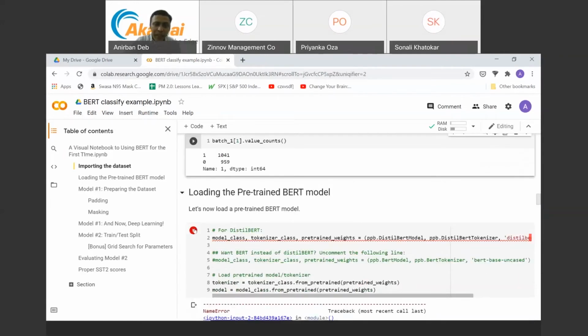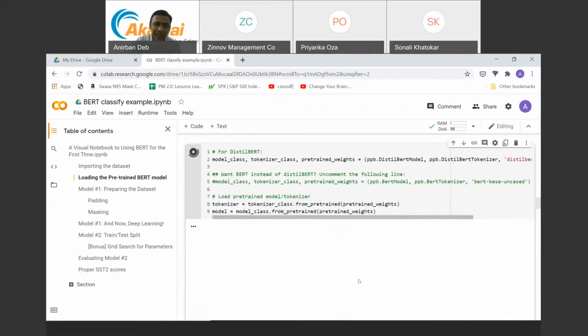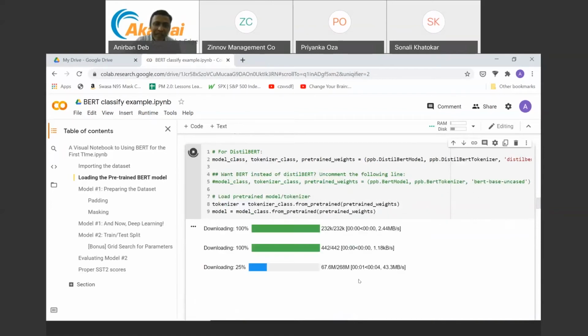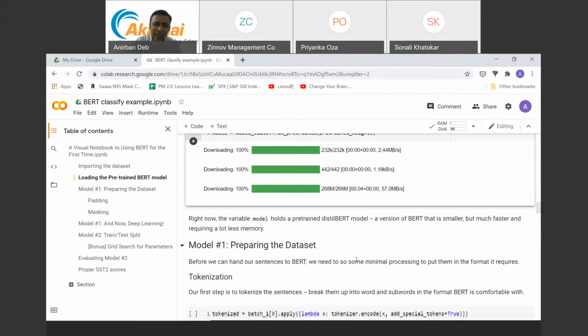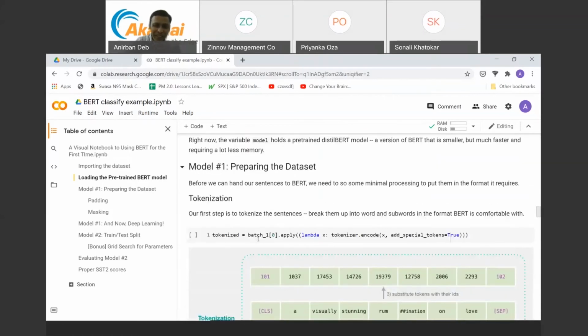So now loading the BERT pre-trained model. See, it's 200 something MB. It's still not as good as MobileNet, which is just 14 MB, but still better than some.